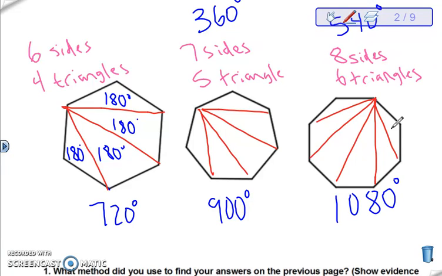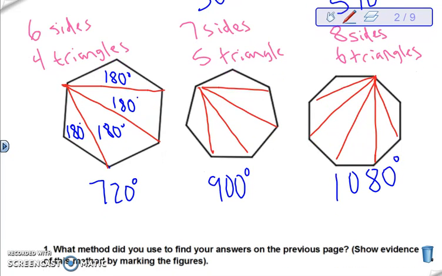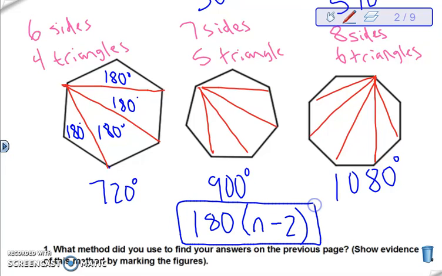And since there's always going to be 180 degrees per triangle, my total number of degrees is always going to be 180 times the number of triangles. So the equation that I would use for any polygon is 180 degrees times the number of sides minus 2. That will give me the total number of degrees in any polygon as long as the sides point outwards like we are used to.